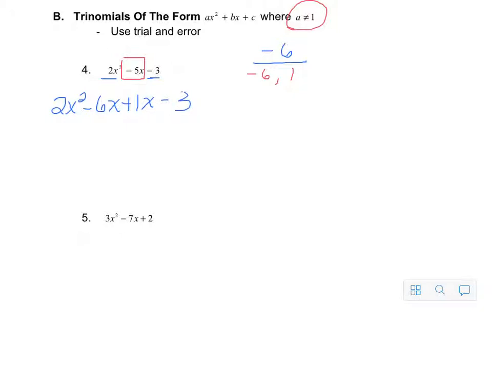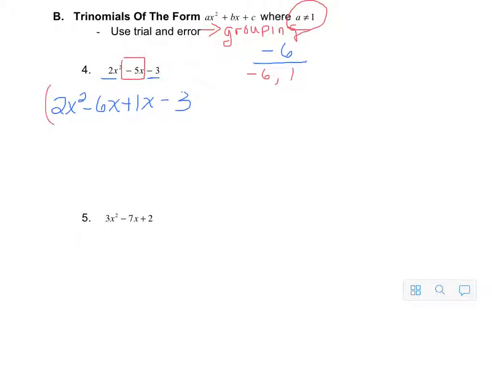So basically what I did is I rewrote the middle term. If you look at what I have now, I have what's called 4 terms, and the only way to factor 4 terms is to do what's called grouping. So basically, we're trying to get trial and error to be a grouping factoring, because it's a lot easier to factor grouping.